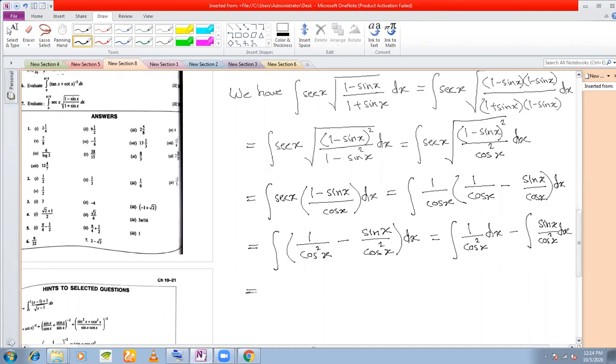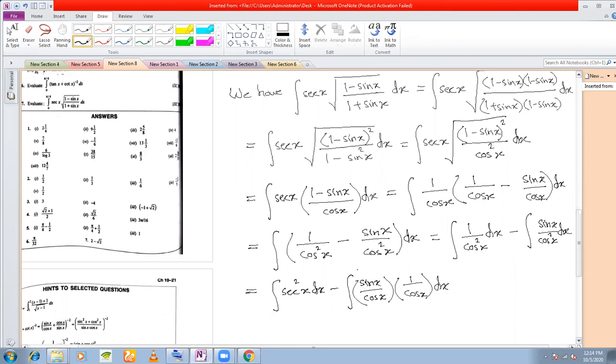Okay. So now 1 by cos square can be written as sec square x dx. And remember, sin x by cos square x can be written as sin x by cos x into 1 by cos x dx. Right?